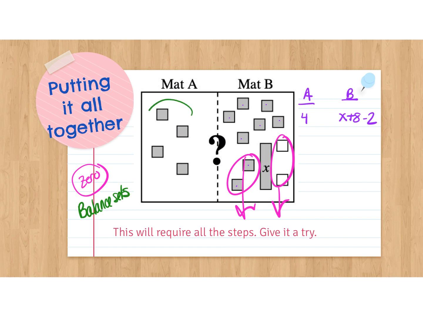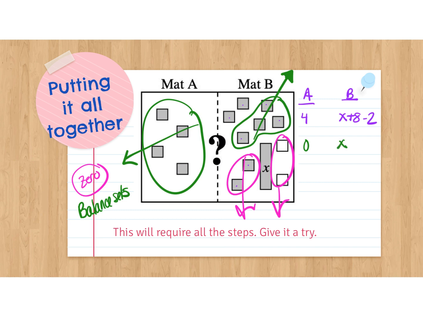Well, we have 4 on mat A, then we have 4 on mat B, and you can see after this move, I'm going to do this in green. We have 0, we still have that X tile, and we also have plus 2. Well, X wants to be alone.